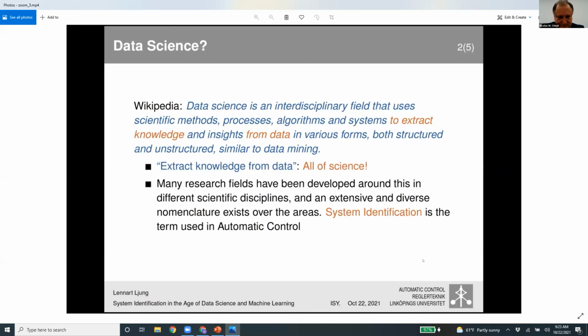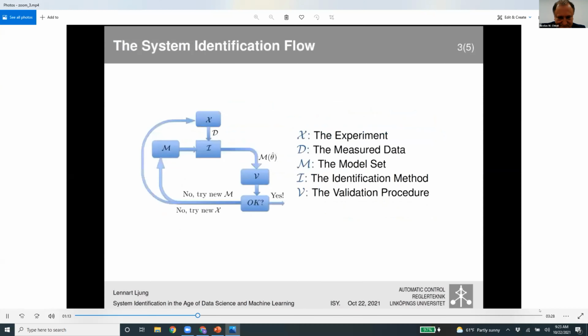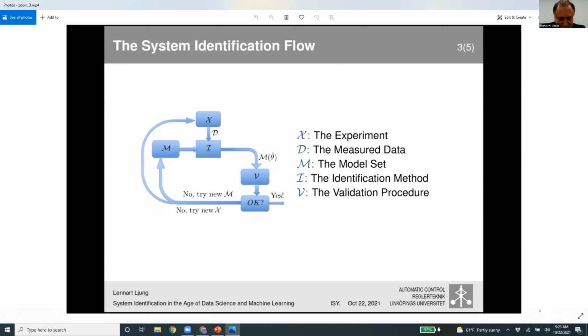System identification can be characterized by the following loop or flow. And that flow is basically the same in all model building, in all fields. We construct an experiment, or we observe an experiment that provides us with data. We also select a set of candidate models, a model set, where a model basically is a mechanism that allows us to have some opinion or prediction about the next observation based on what we have seen so far.